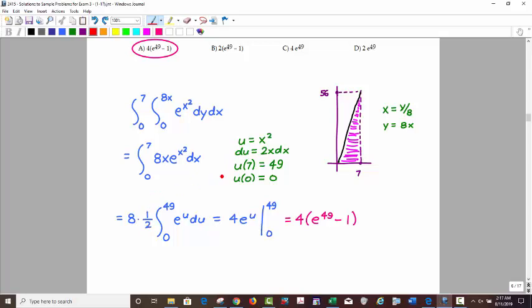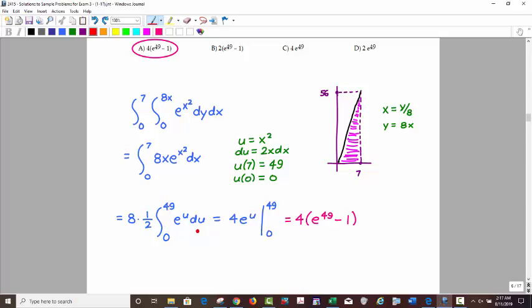And then, as I mentioned earlier, I'm a big fan of changing the limits of integration. So u of 7 squared would be 49, and 0 squared would be 0. So now I have the 8 from here, the 1/2 from the du, and I'm going from 0 to 49, e to the u du.